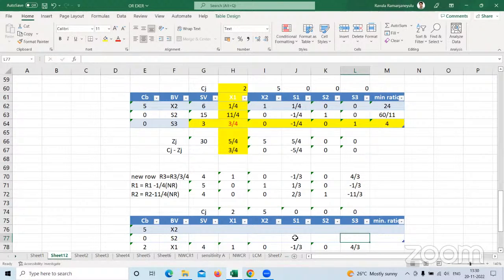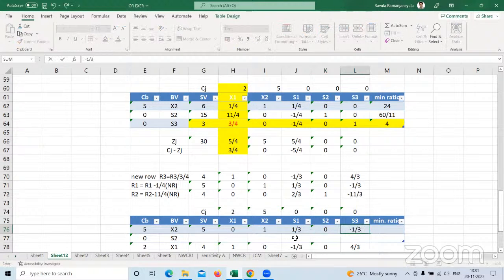And the next is the first row. First row values, we got 5, 0, 1, 1 by 3. Here it is 0, minus 1 by 3.